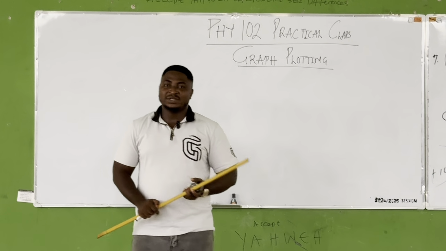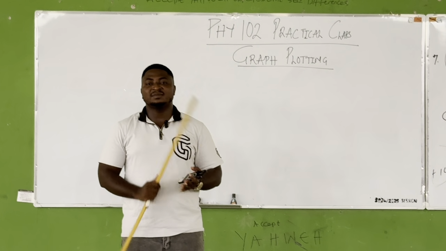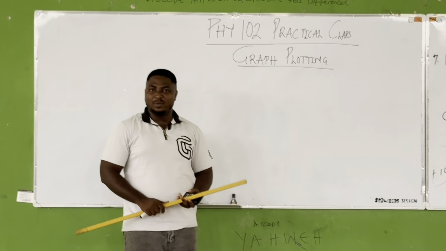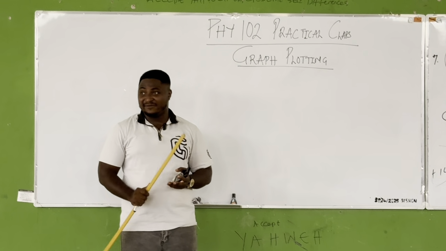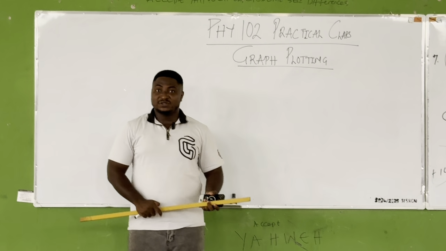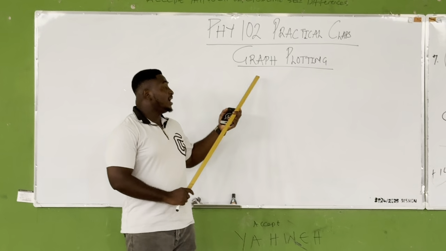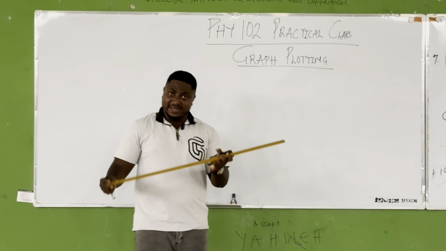Graph plotting is a very important part of our physics practicals because every practical you're going to carry out this semester, you'll be required to plot a graph, except experiment M1. There's only one experiment in your manual that doesn't require graph plotting. But from M4 till the end of your experiments, after finishing carrying out your experiment, you're going to record your values.